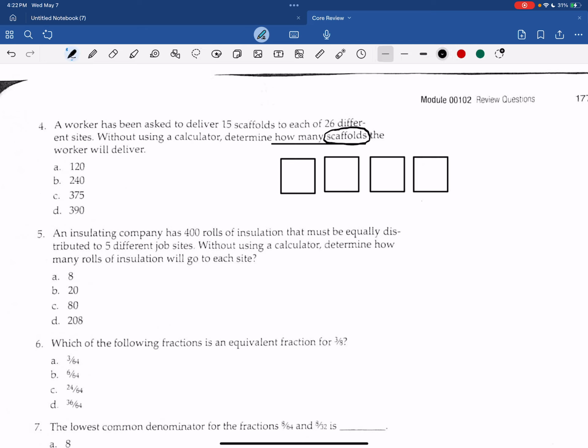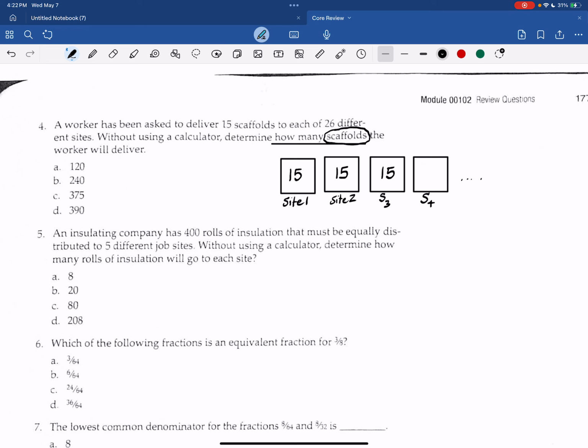So that's going to be a lot more than I'm going to draw. So here's site 1, site 2, site 3, and site 4. And that would go on to 26. And at each site, we're putting 15 scaffolds.